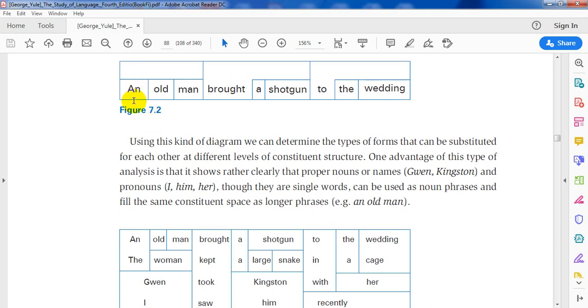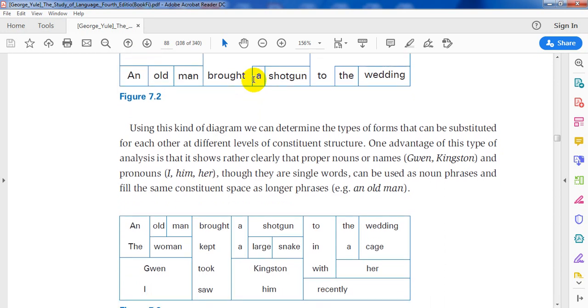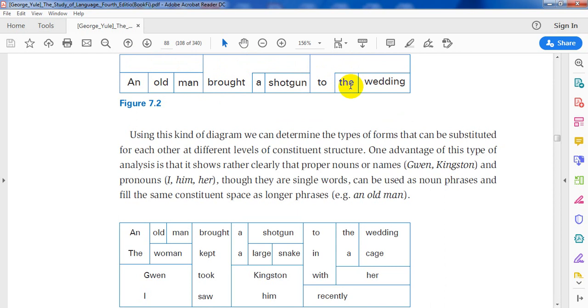You can put similar items at the same position, as seen here. This is the position of the noun, this is the position of the verb or verb phrase, and this is a prepositional phrase. So this is a position that can be filled by some other items.